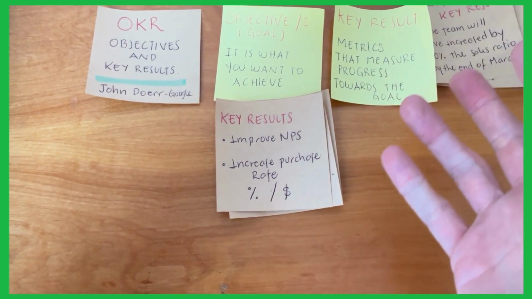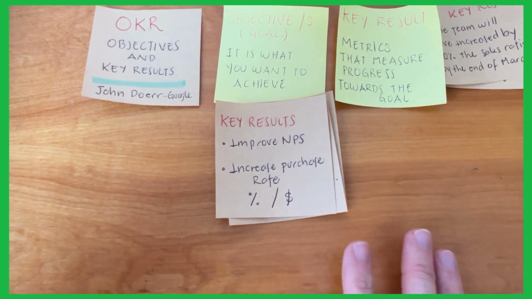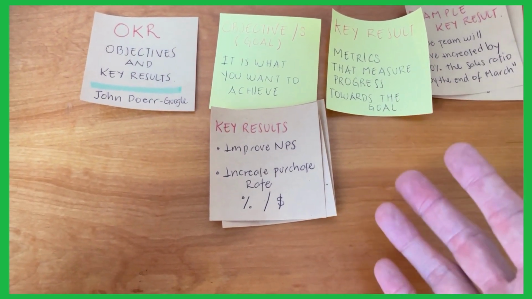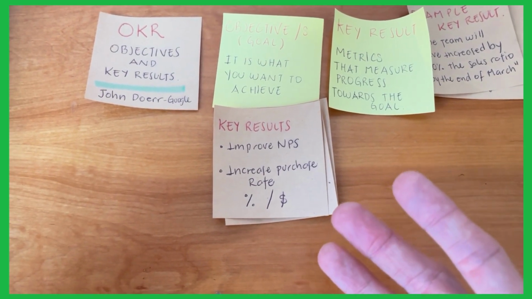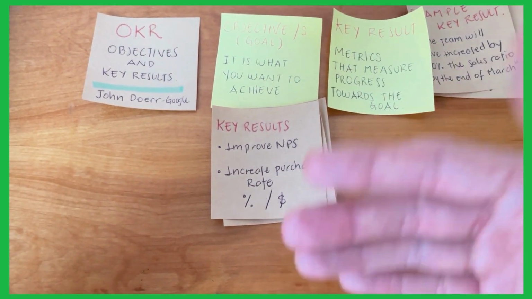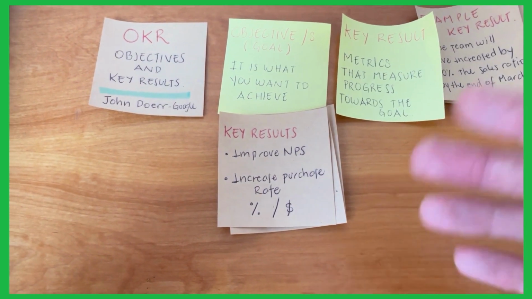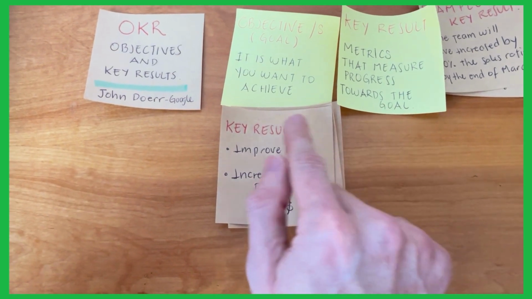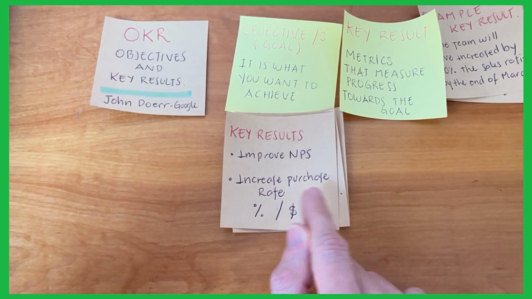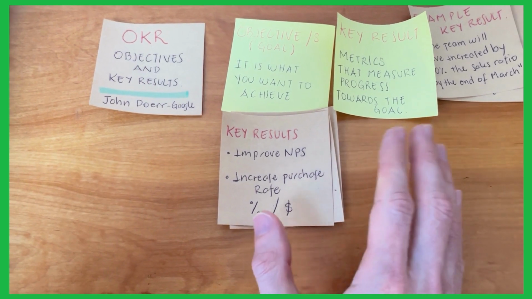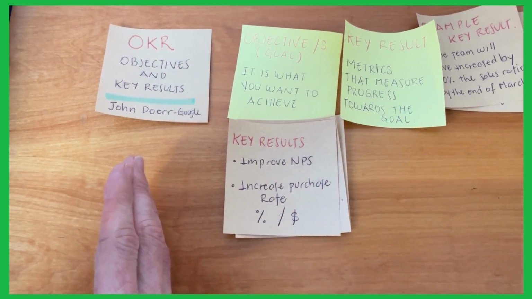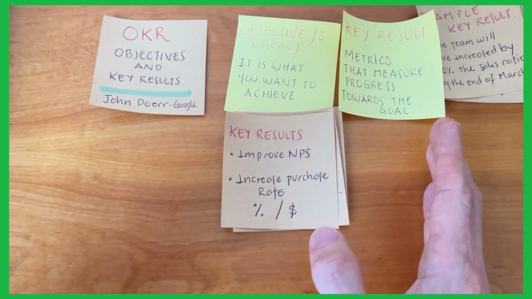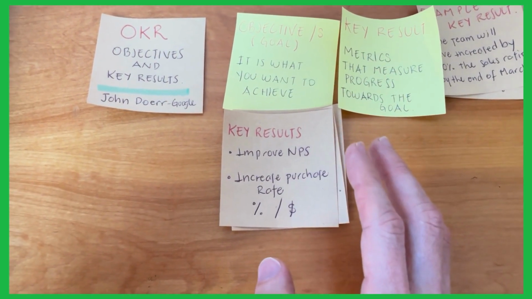It's basically a survey used in the customer environment that asks specific and simple questions to your customers, so they can rate your service, and if you have a good rating, it means that you have had a great customer experience. Another key result will be to increase the purchase rate. Of course, now in February you have a certain amount of sales, and then by the end of March you are expecting to have more.